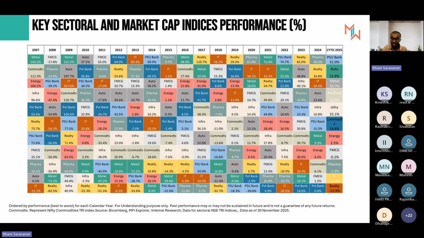In the same way, no sector stays at the bottom forever. Metal, PSUs, realty, IT, pharma, each sector had a year of exceptional return, followed by a year of sharp underperformance. Everything I'm showing is only history, nothing is forecasted. Sectors that deliver 60-70% return in 1 year can easily become one of the worst performers in the next year.